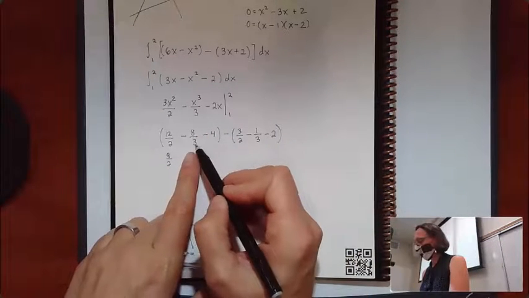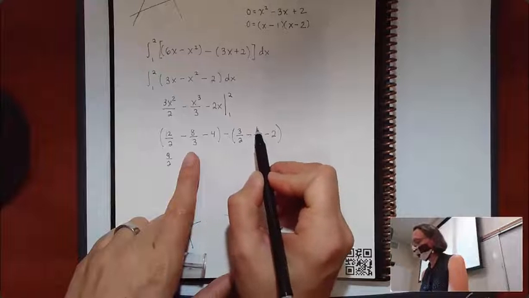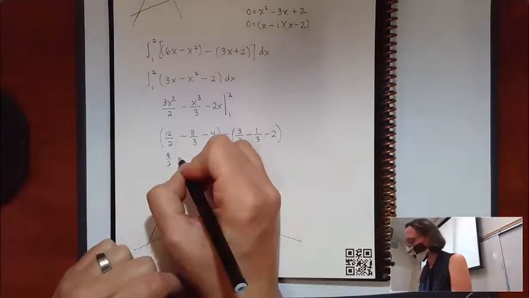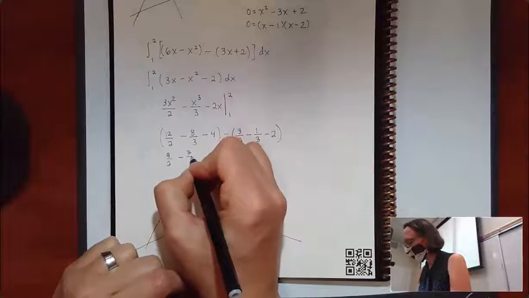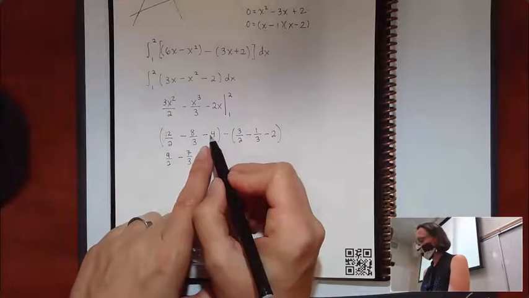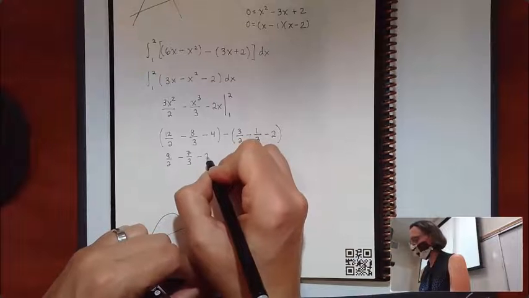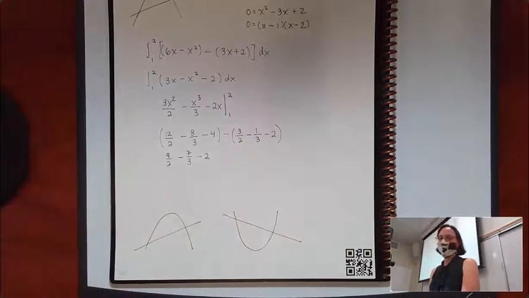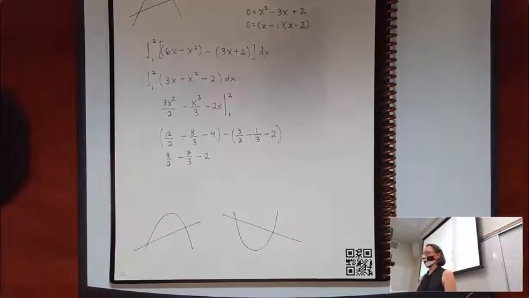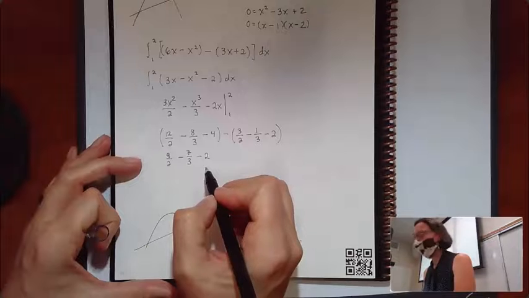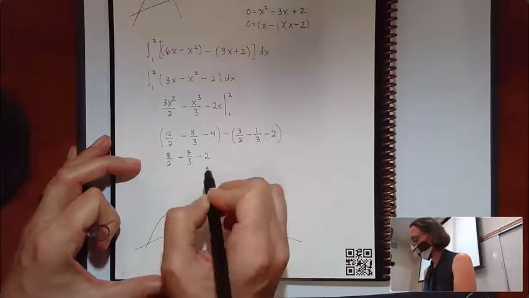I'm going to have -8/3 minus -1/3, and minus, yeah, so like positive, so I'll end up with -7/3. And then -4 minus -2 is going to give me -2. So even if I did want to get common denominators, at least now I'm only dealing with a couple pieces and not a ton of pieces that I'm trying to get common denominators on. I don't think it's worth our time. I personally would just leave it here.